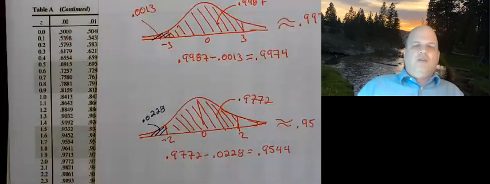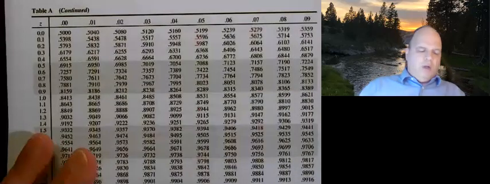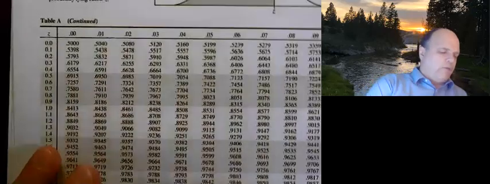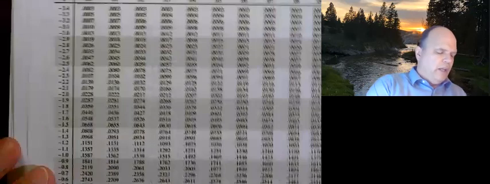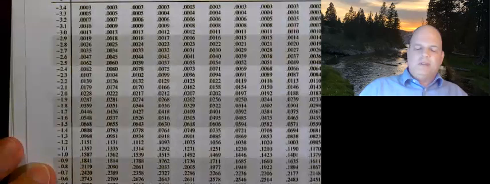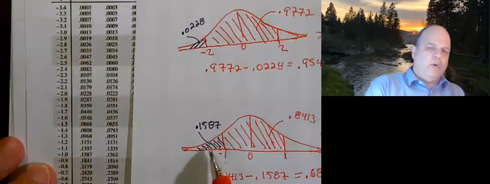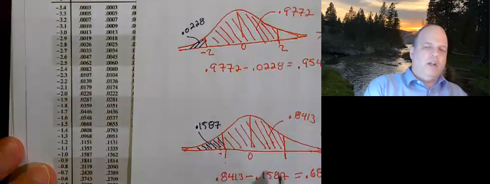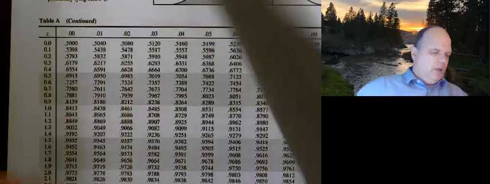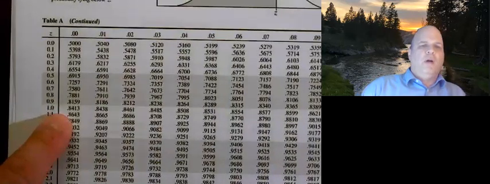Okay, let's do ±1. At ±1, we need to look at the z-score for -1, and the z-score for -1 is 0.1587, which I recorded over here. Then I need to look up +1, and +1 gives me 0.8413.